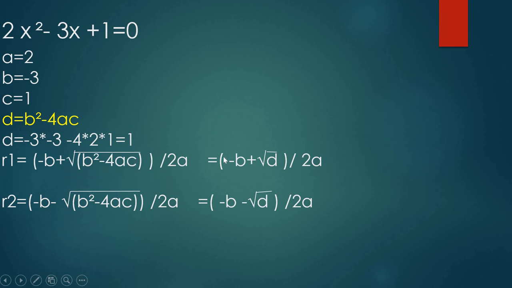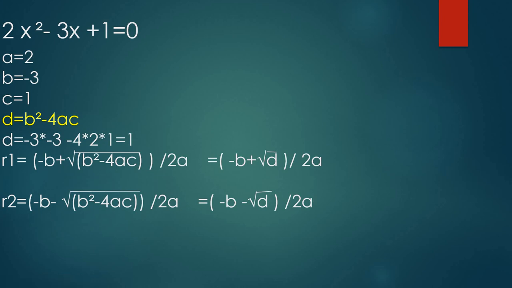This equation becomes minus b plus, instead of b square minus 4ac, D. That is square root of D divided by 2a. This is the first root. First root r1 is minus b plus root of d divided by 2a. Second root r2 is equal to minus b minus root d divided by 2a. This is the second root.